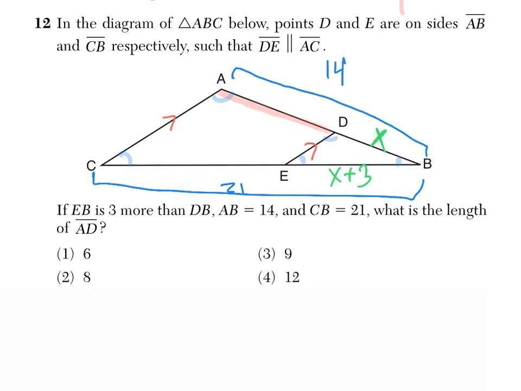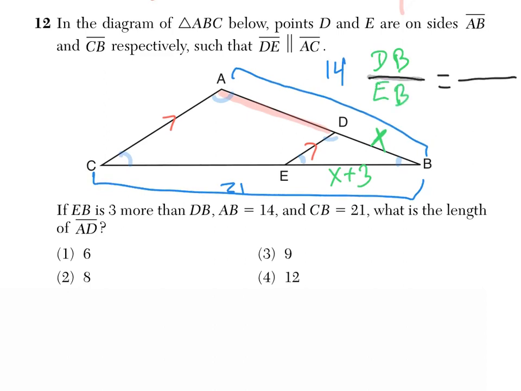Great. So let's set up this proportion. I know that we're going to have to think about how we're going to do that. So what over what equals what over what? What I'm going to do is, small, let's set it up like this. It's going to be DB over EB equals what over what.